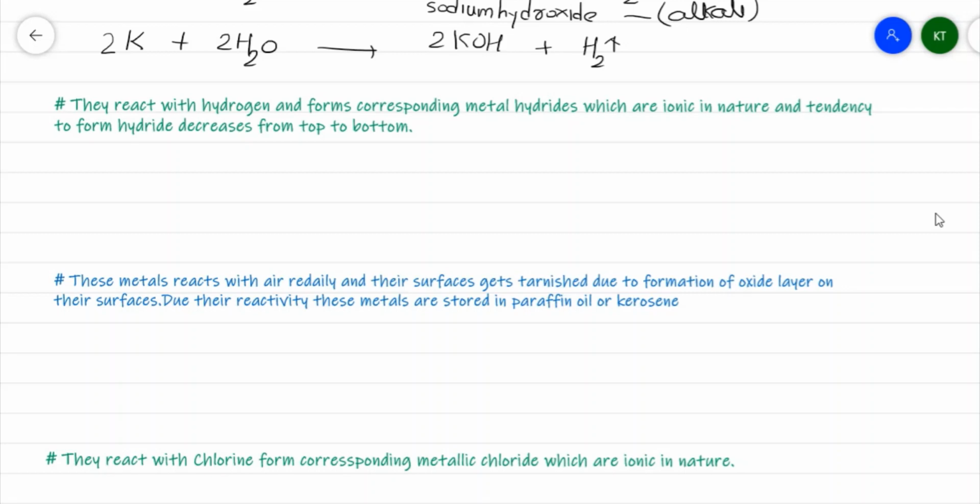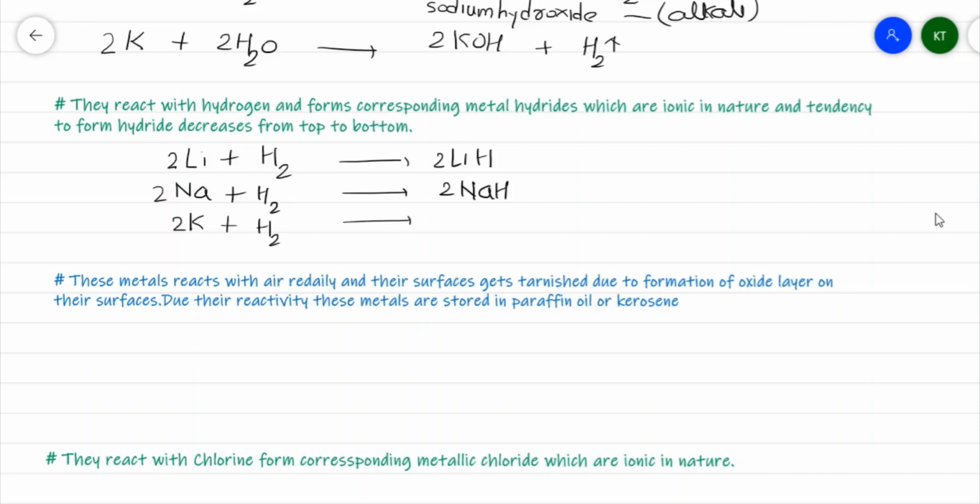So let me have lithium reacts with hydrogen so as to give me lithium hydride. To balance this, I'll multiply by 2. Sodium reacts with hydrogen in order to give me sodium hydride. Potassium reacts with hydrogen so as to give me potassium hydride.